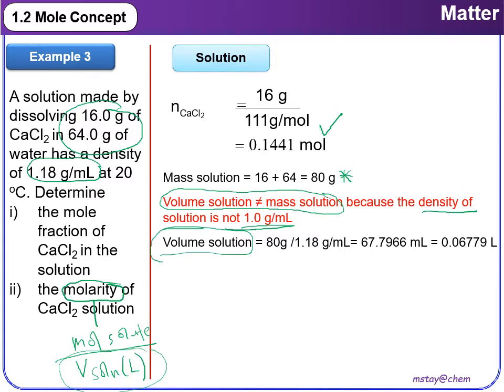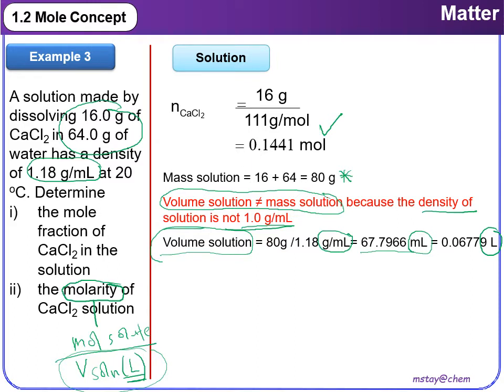Because the unit given here is gram per mole, the volume that you calculate will be in the unit of milliliter. But based on the formula, we need to substitute the volume in the unit of liter, so you have to do the conversion. Again, I want to emphasize that the definition of each concentration measurement is very important.